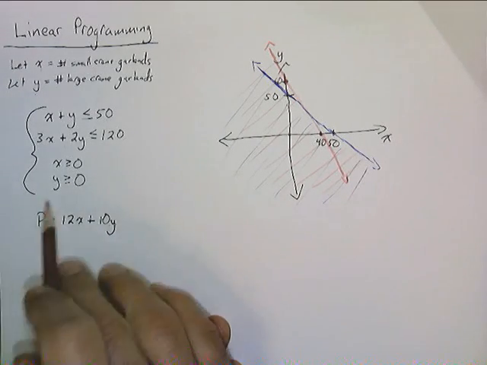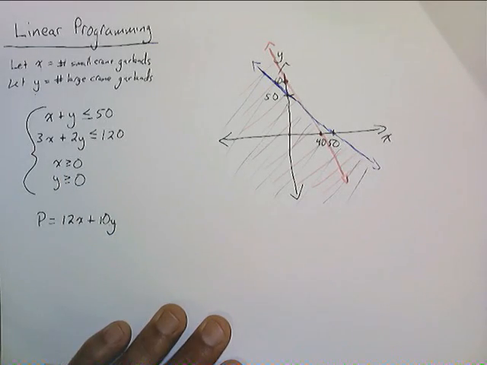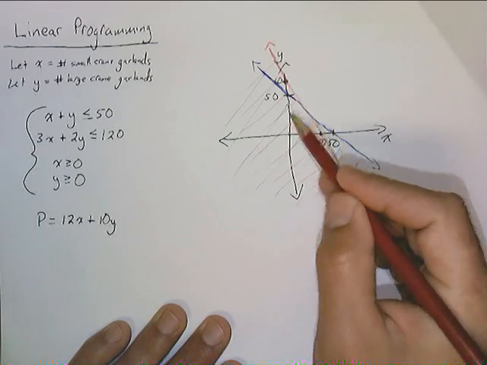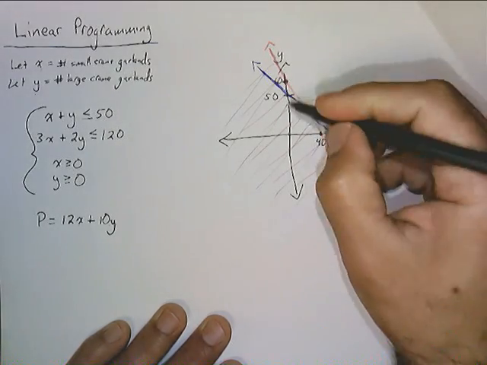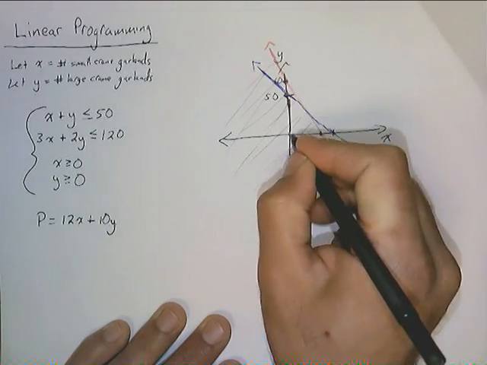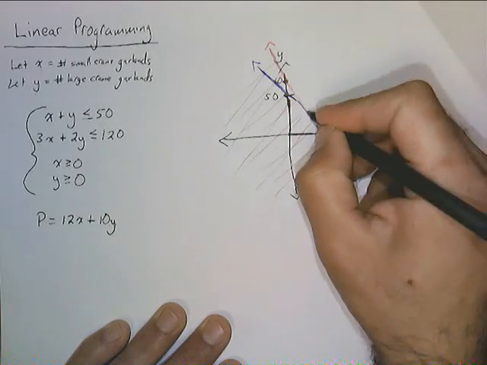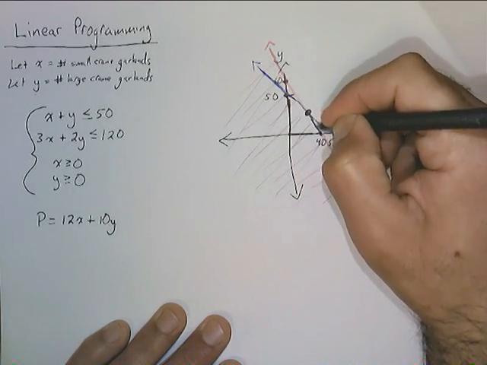Now, we do have these two additional constraints that just say that both x and y have to be positive, which of course means that we're in this first quadrant. So really, what we're looking at is the intersection point of those two boundary lines.